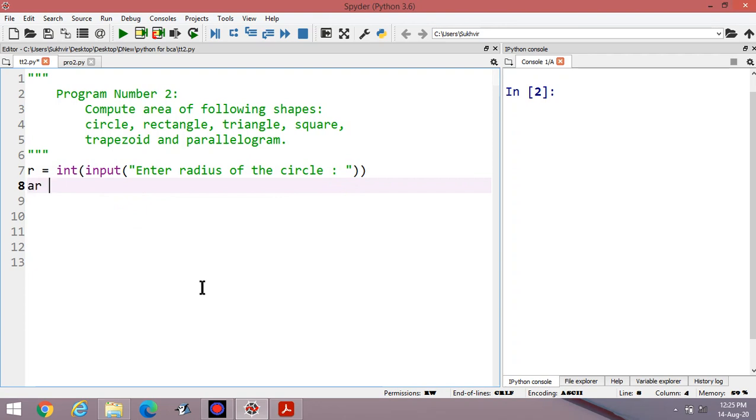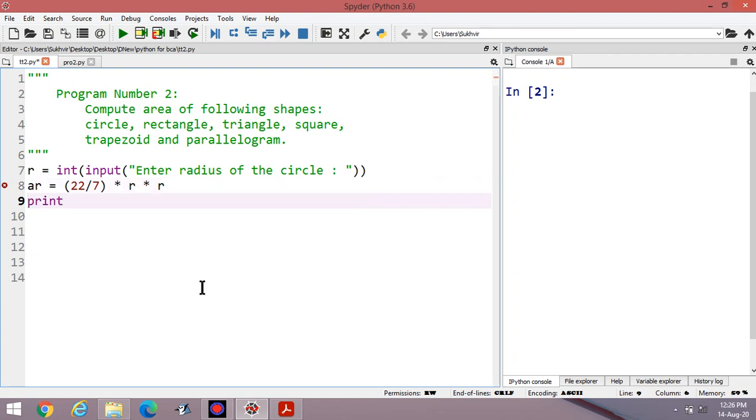Now the formula for area, it's 22 upon 7, that is pi, multiply r, multiply r.